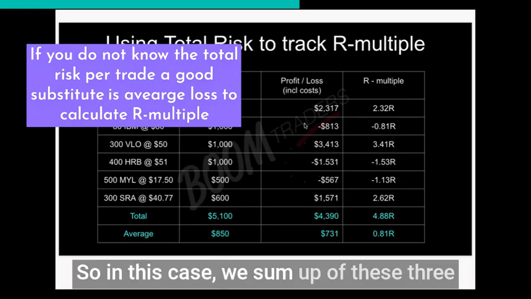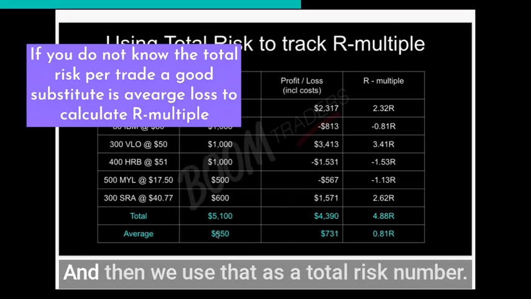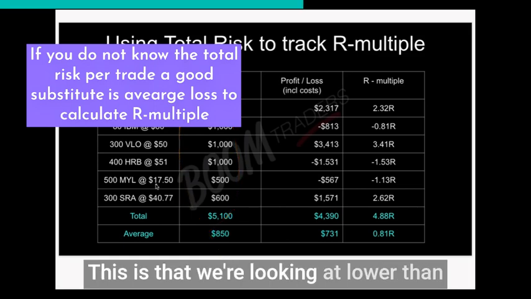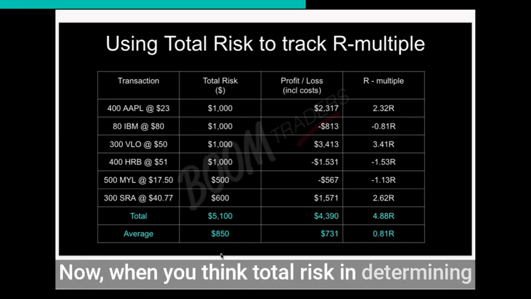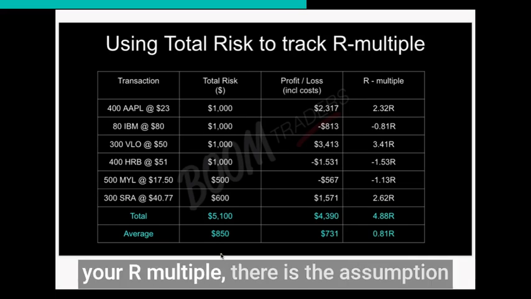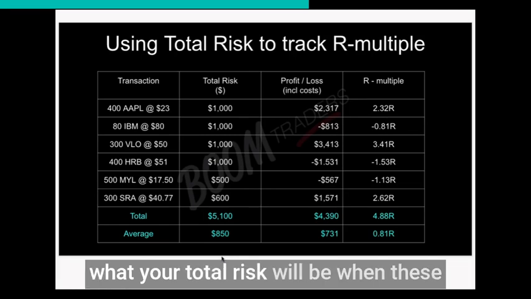So in this case, we sum up these 3 losses and we find the average of them. And then we use that as a total risk number. This assumes that we're looking at a lower than average loss in terms of the total risk. Now, when you're using total risk in determining your R multiple, there is the assumption that you're using the same factor to determine what your total risk will be.